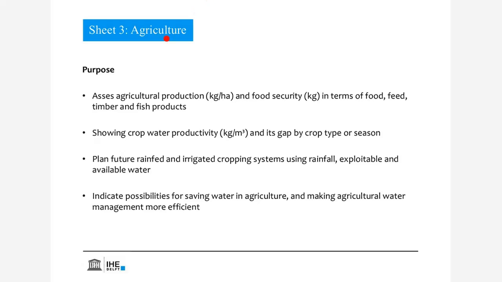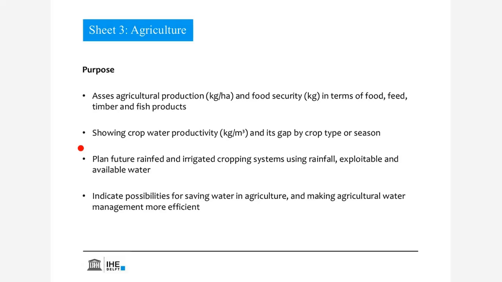Sheet 3 also shows the crop water productivity, or gross biomass water productivity, in kilograms per cubic meter of water. And by highlighting these two components, you can also look at the gap you have between different crop types or different seasons of this crop.